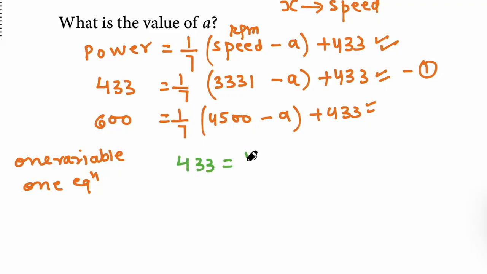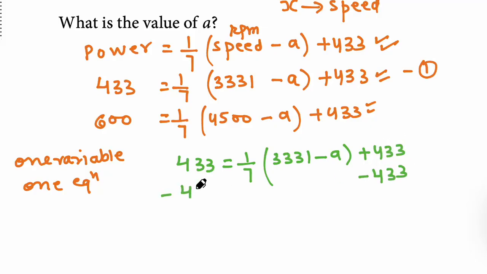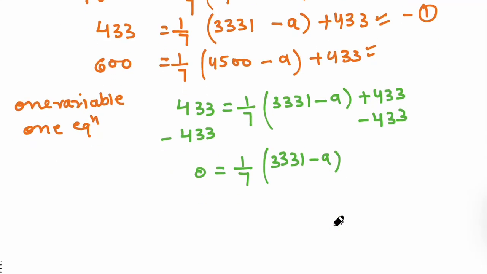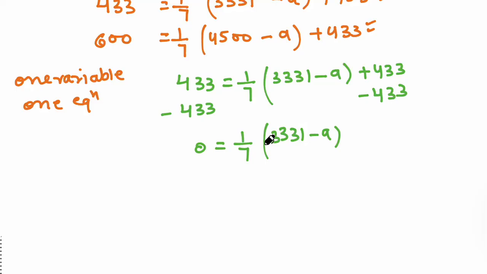433 is equal to 1 over 7 times (3331 minus a) plus 433. Subtracting 433 on both sides, 0 is equal to 1 over 7 times (3331 minus a). Let's get rid of this fraction by multiplying by 7 on both sides.